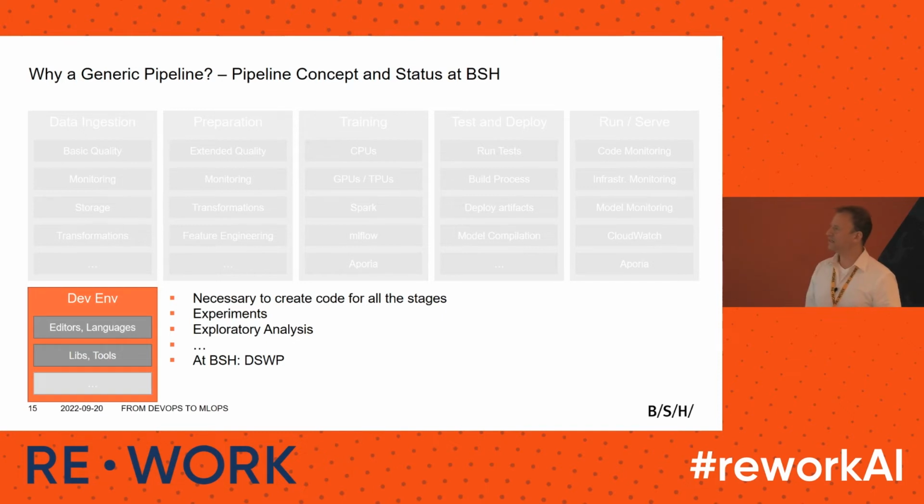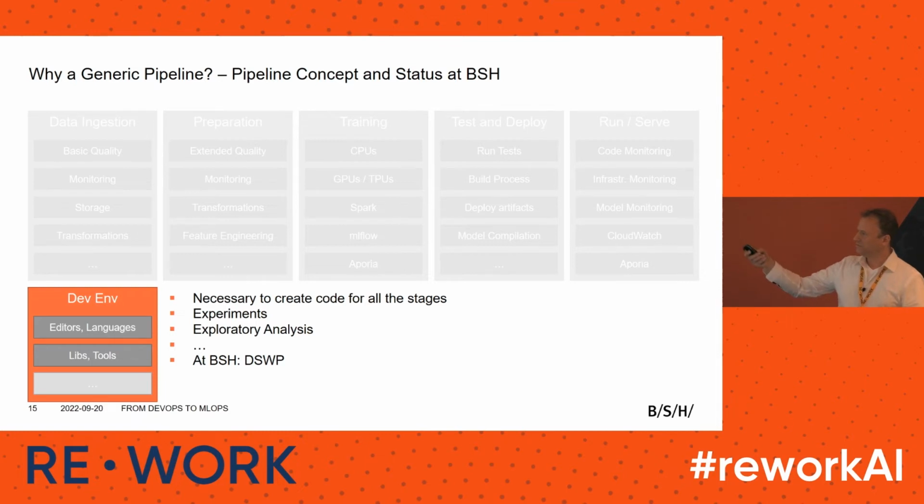So that's why we decided to create this development environment, which also acts as a foundation to create the code for or to configure the different modules of the pipeline, and to orchestrate it. And you can, of course, also run some small experiments already, do some exploratory analysis, for example.